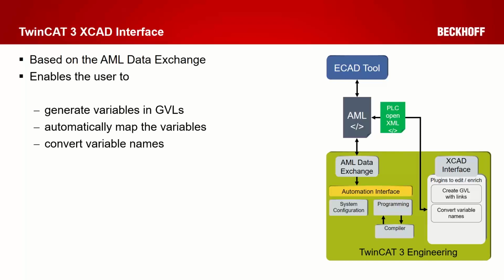But in addition, if you, for example, use a specific programming convention for the PLC programming, like adding prefixes to the variable name according to the data type which is used, like a B, for example, for Boolean variable, then also rules like this can be added to this convert variable names plugin.